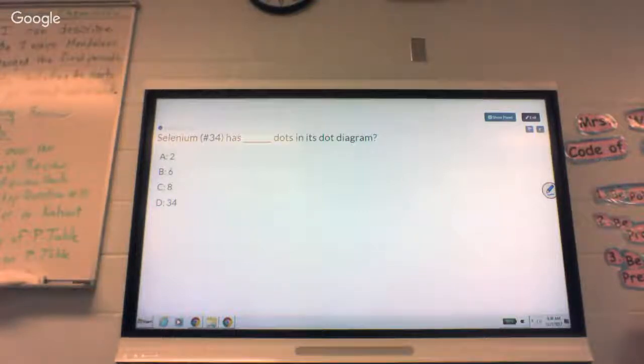Wait. Energy level. On your other periodic table, you have it like you don't.